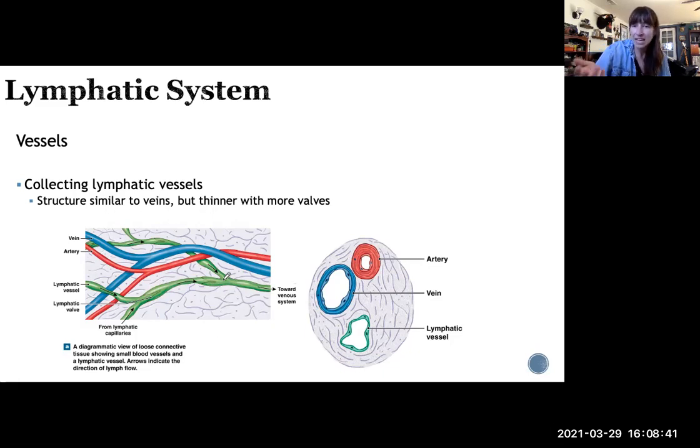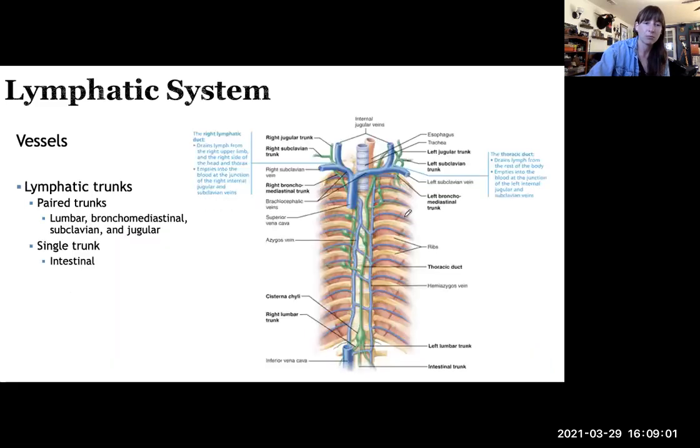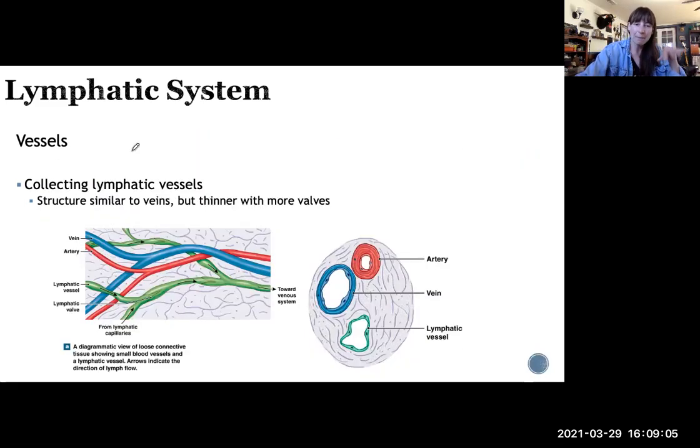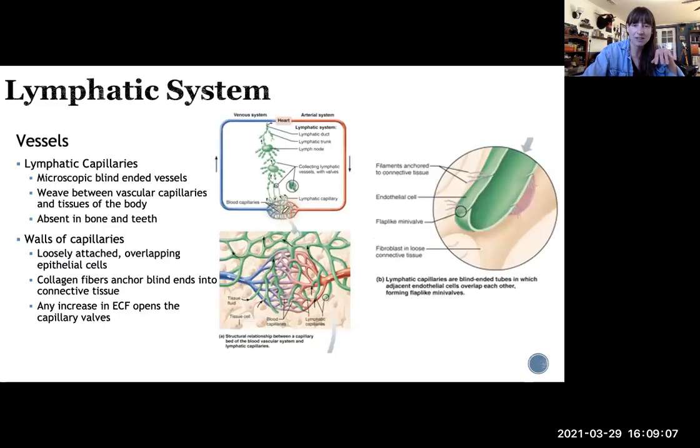Your veins, your blood vessels that are taking deoxygenated blood back to the heart, they also have one-way valves in some cases. But your lymphatic vessels have many, many more of these because they don't have a heart, they don't have a pump to pump this fluid through. Pretty awesome.